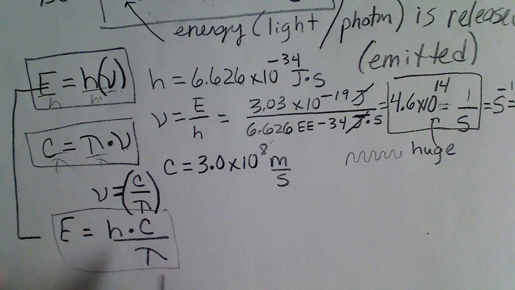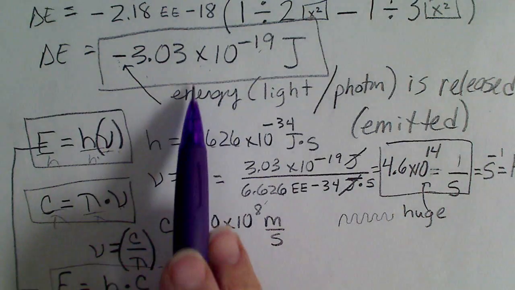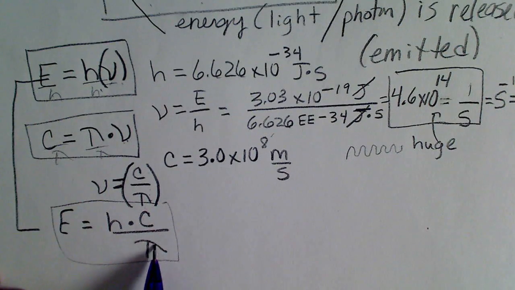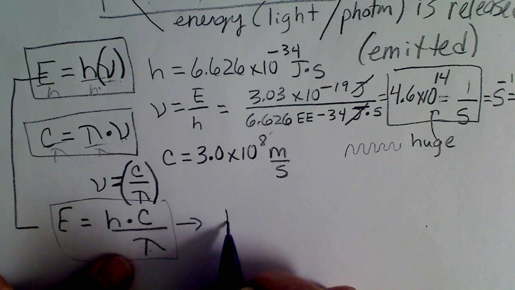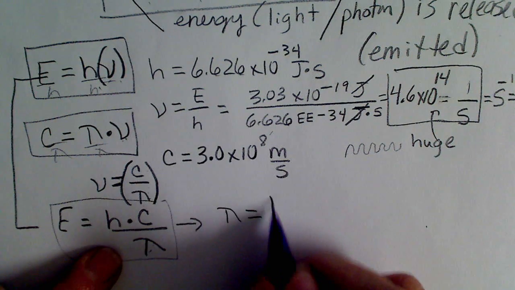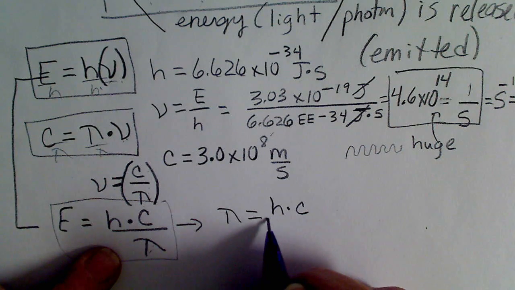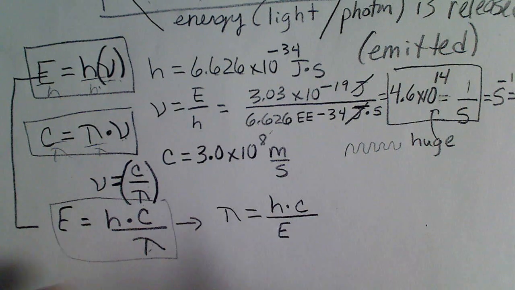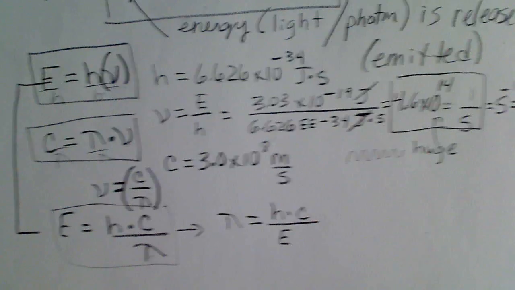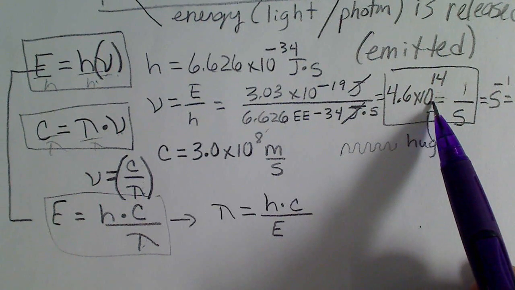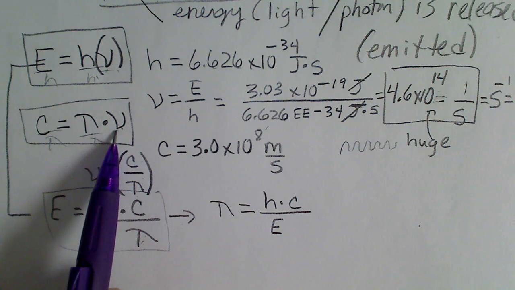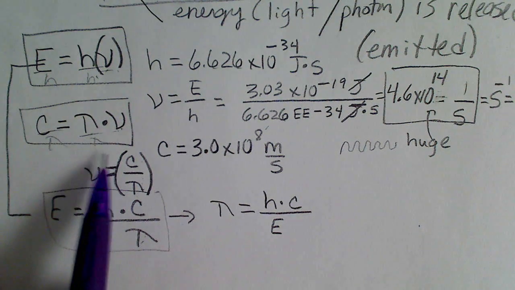And normally, once we have the energy of a transition, we want to calculate the wavelength. So I'm going to rearrange this equation and write wavelength is equal to h times c divided by the energy. Or we would get the same answer if we plugged this value for frequency into this equation and solved for the wavelength.